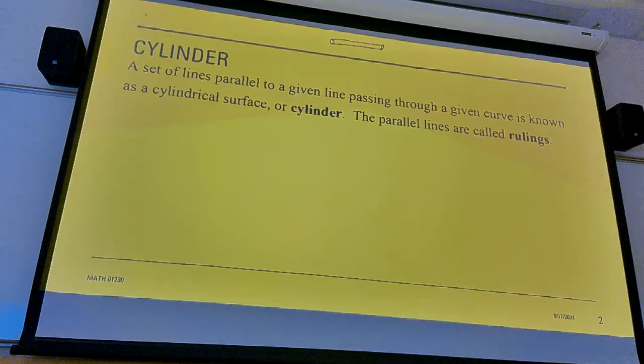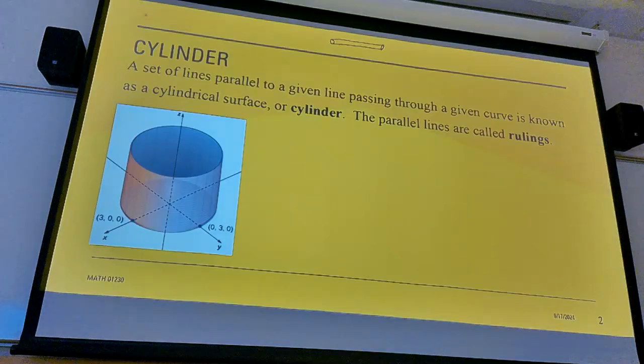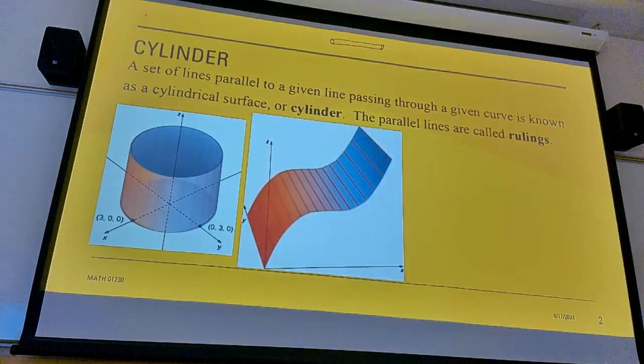So again, here's a cylinder, right circular, very common. You look at that and you immediately think cylinder. Here's a cylinder. In the left picture, are the rulings the circles or the vertical lines? The verticals.